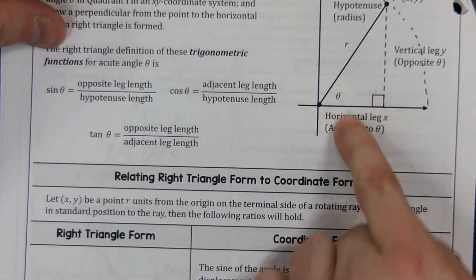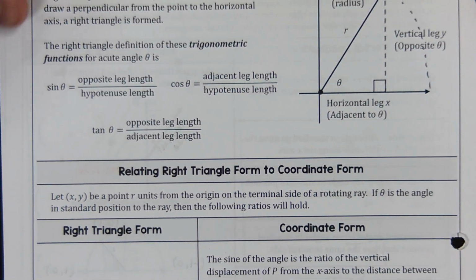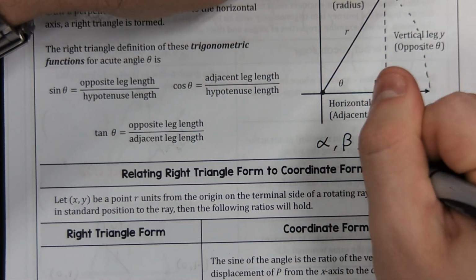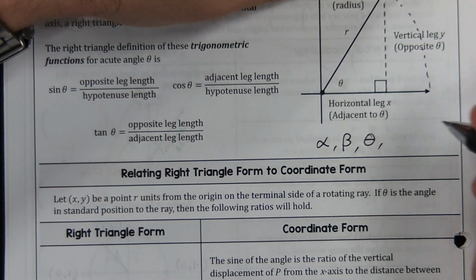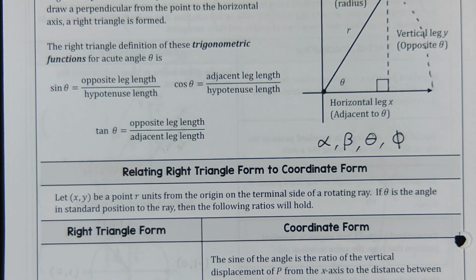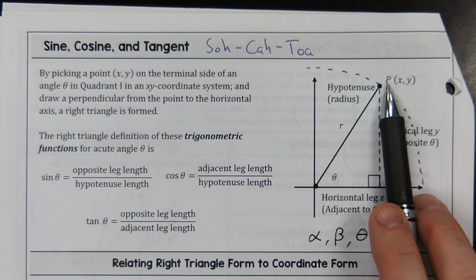So we have a theta, but the other Greek letters that are commonly used for angles are alpha, beta, we know theta, and phi. These are the 4 most common Greek letters that are used for angles. Alpha, beta, theta, phi. Because the letters A, B, C, D are usually used for coordinate names.